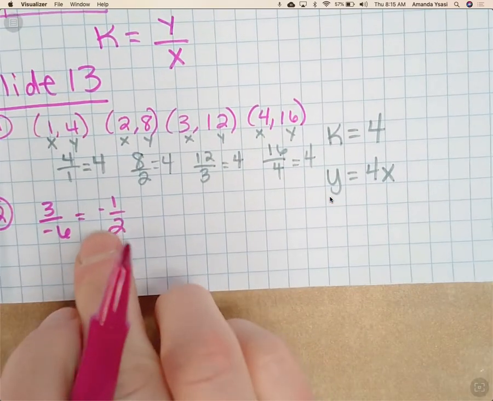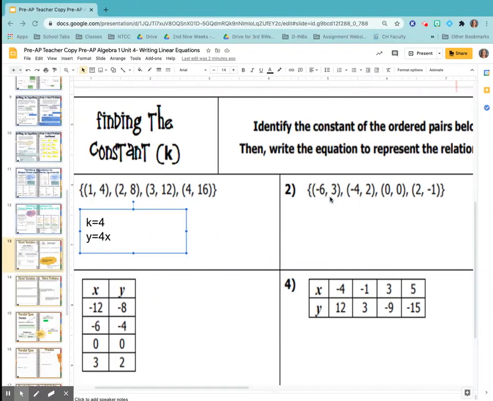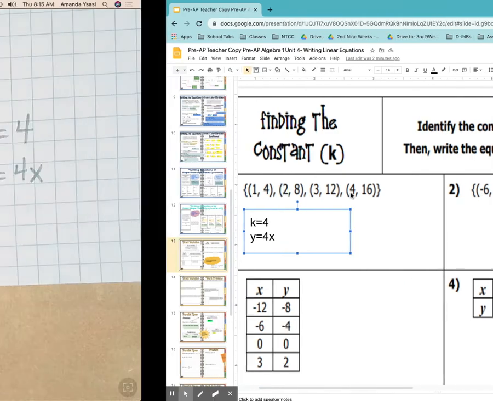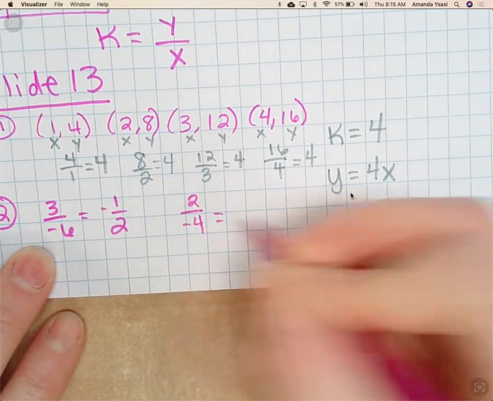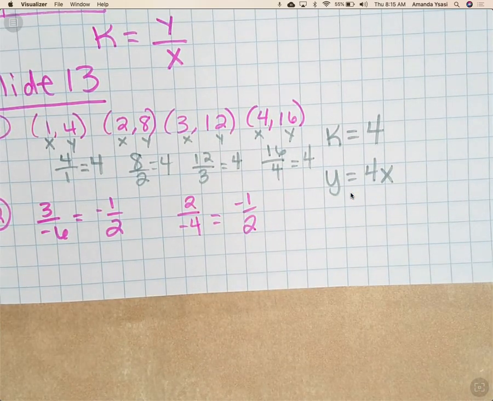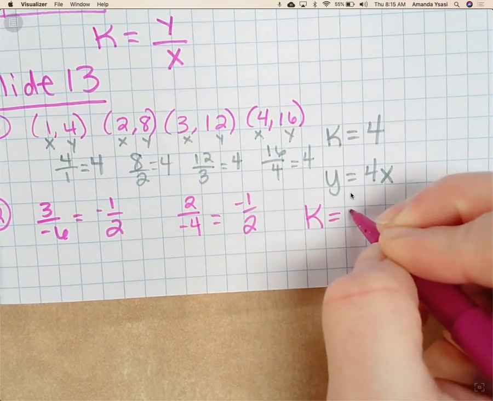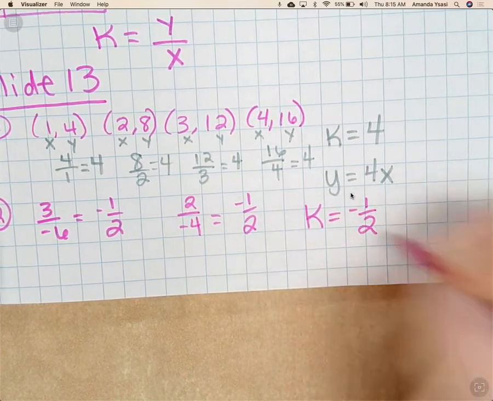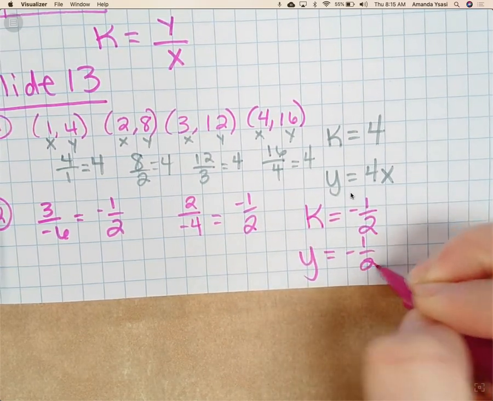I like to just put it out front. So then the next one would be 2 over -4, which again equals -1/2. And so on, right? So we have k equals -1/2. So then the equation is y equals -1/2x.